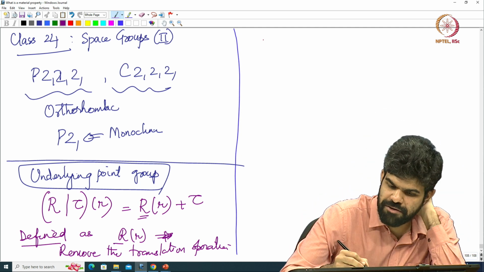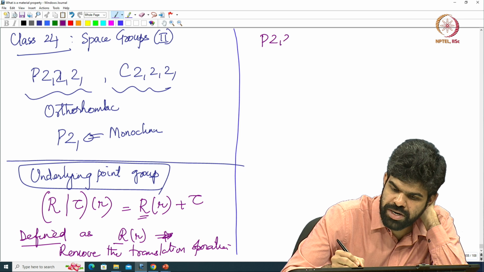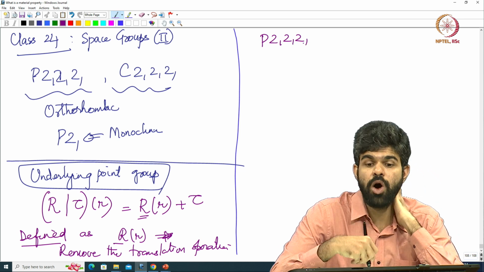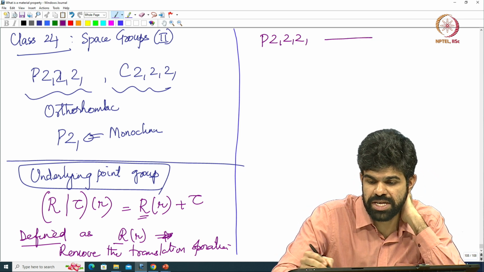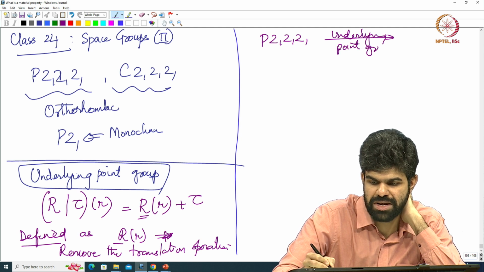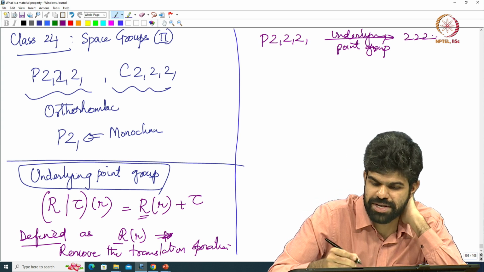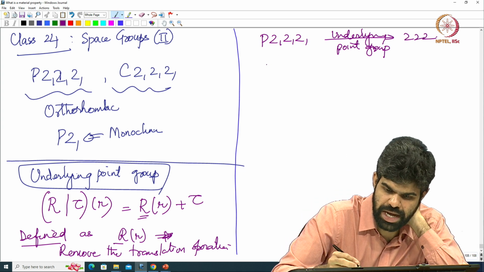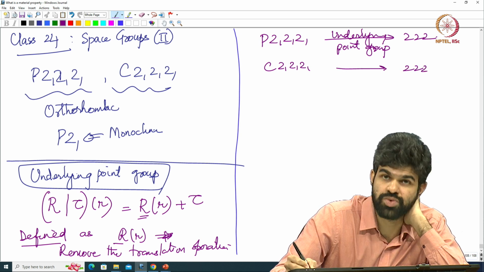So if I have P21 21 21, I am going to remove all the translation operations and say that the underlying point group is just 2 2 2. If I have something like C21 21 21, the underlying point group is again 2 2 2.